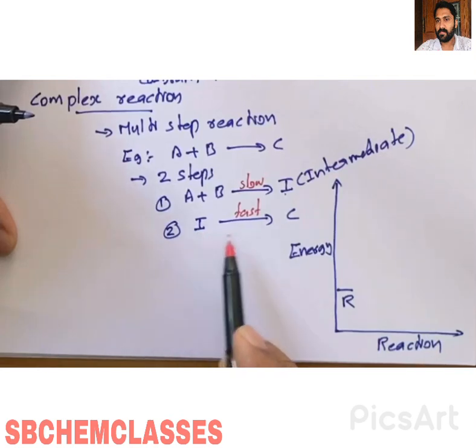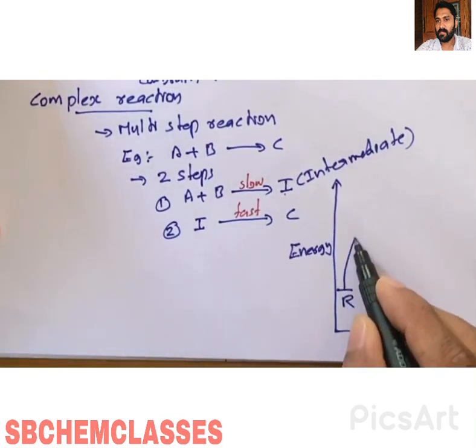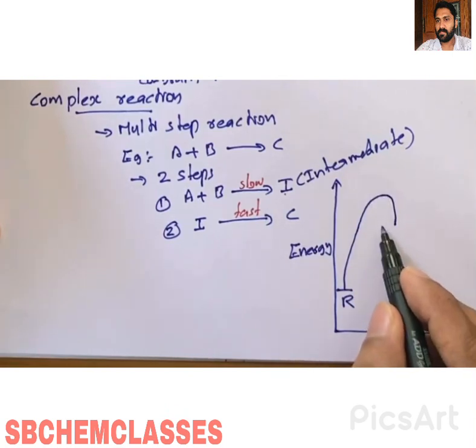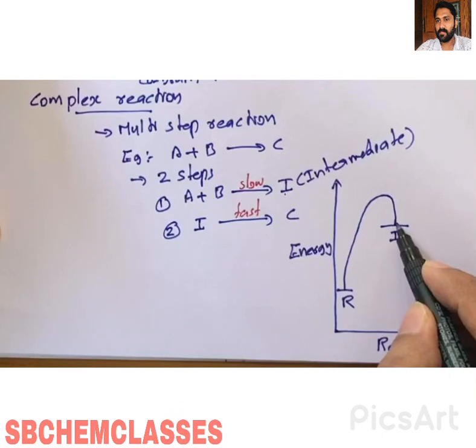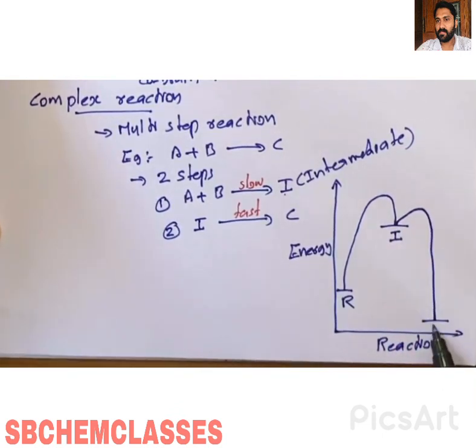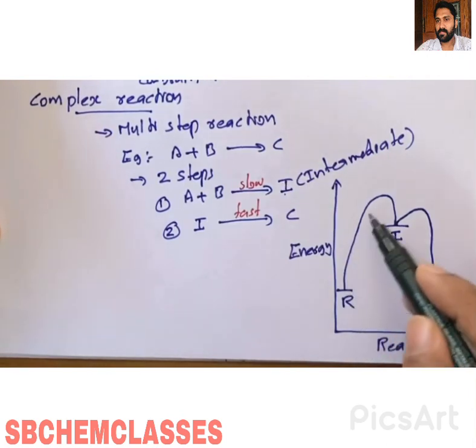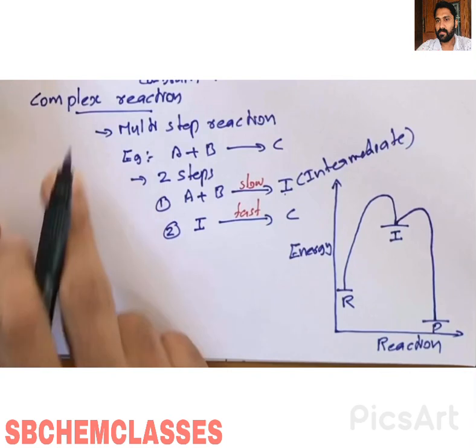Conversion of the intermediate to product will be the fast step. So the graph can be: reactant is converted to intermediate in one step, and that intermediate is converted to product in another step. This type of graph can be drawn for a complex reaction.